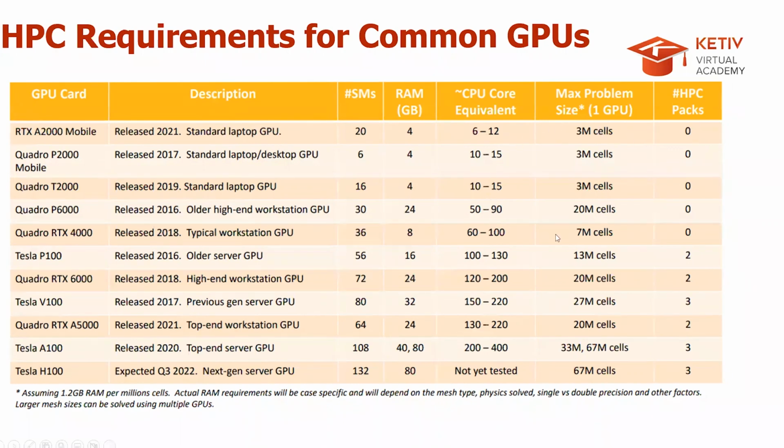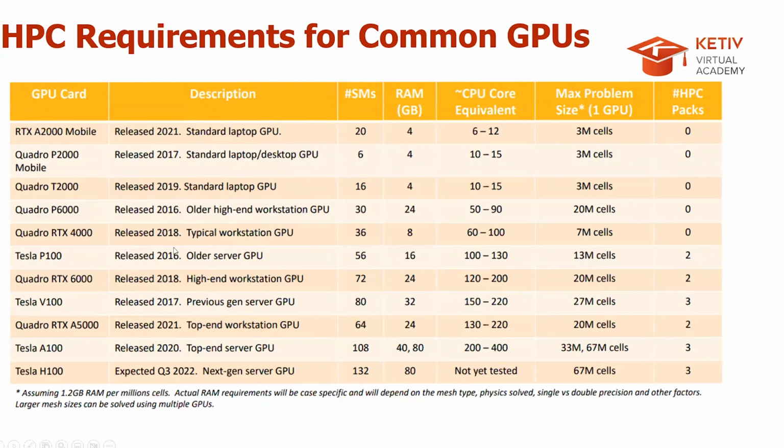And these are typically the kind of problems that you'd run depending on the RAM available on these GPU cores. So you can see over here what these rows signify. Now, for example, if you're going to a Tesla P100 or an RTX 6000, these now start having more than 40 streaming multiprocessors, and that would mean that you'd need additional HPC licensing.